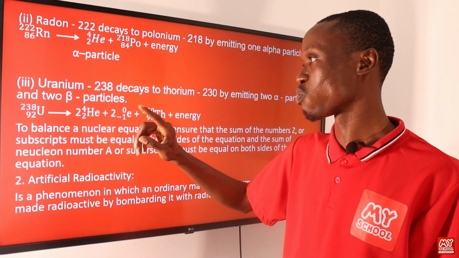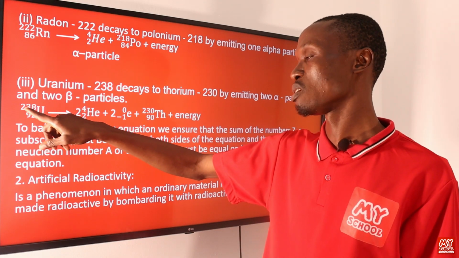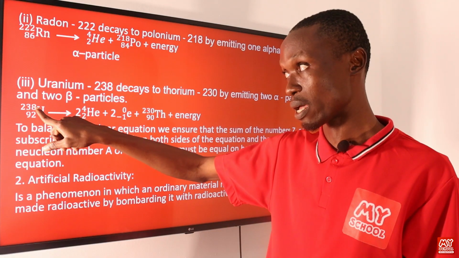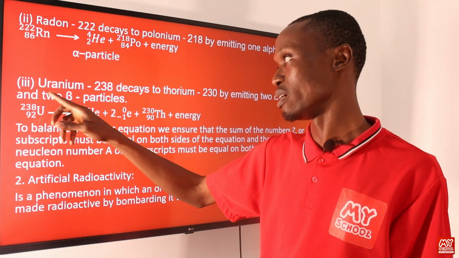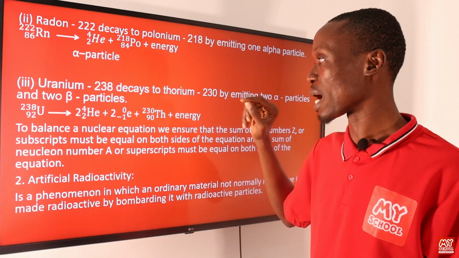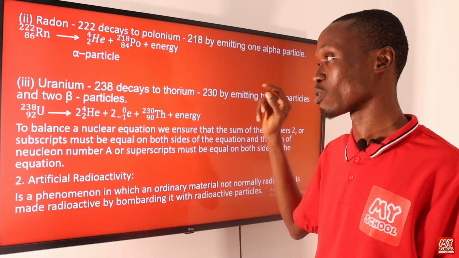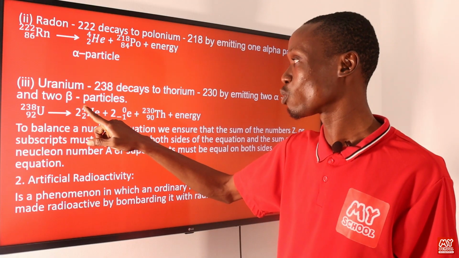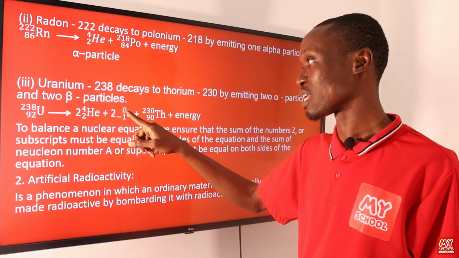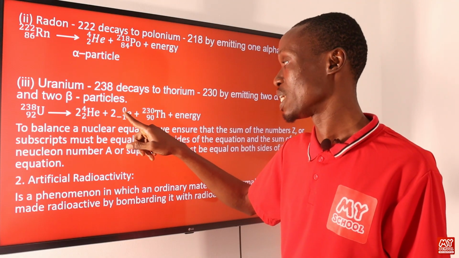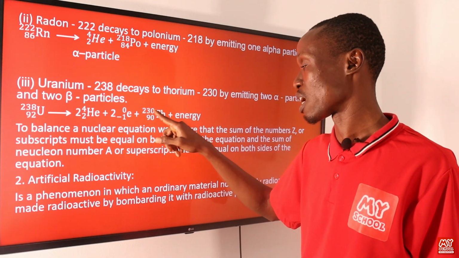If you check very well here, the nucleon number on the reactant side is 238. To obtain the nucleon number on the product side, you have to add all the nucleon numbers here. For example, you add that of the alpha particle, you also add that of the beta particle, plus that of the thorium.